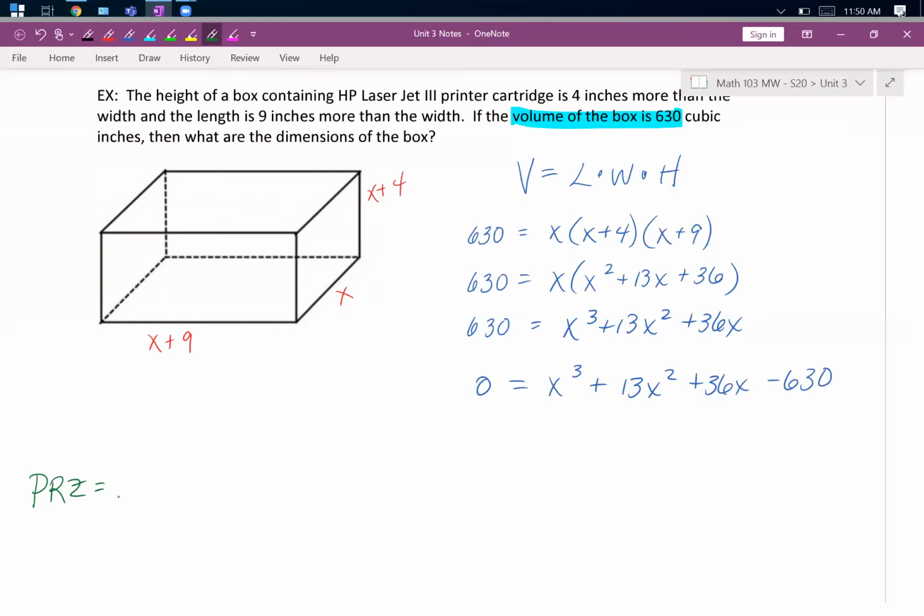Is it going to be 630 inches wide? No, it's going to be a reasonable number, I don't know, 12 and below or something. So let's just list out a handful of numbers, 12 and below, and we'll start there.